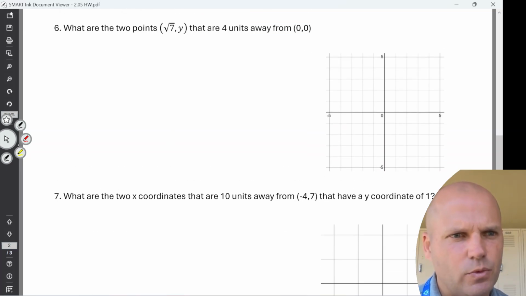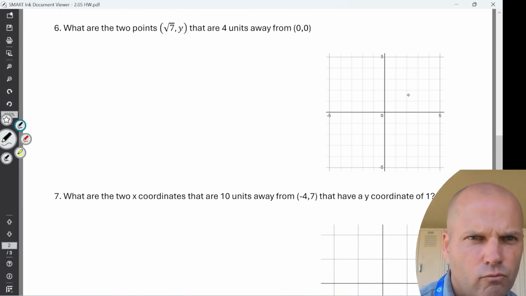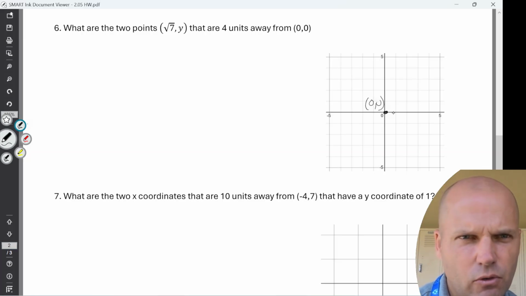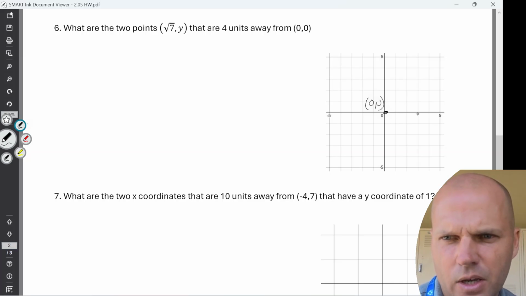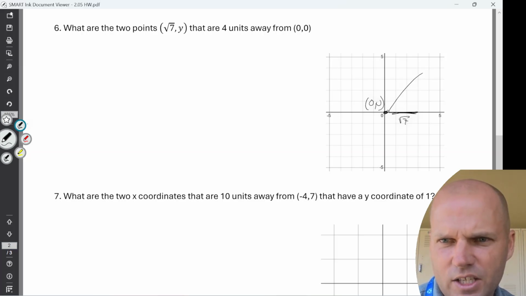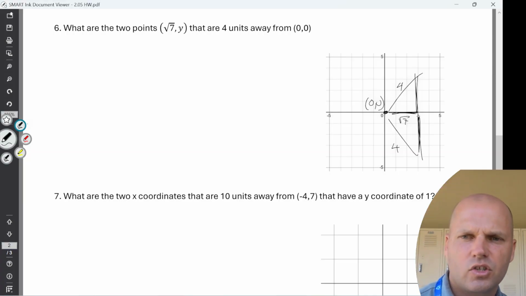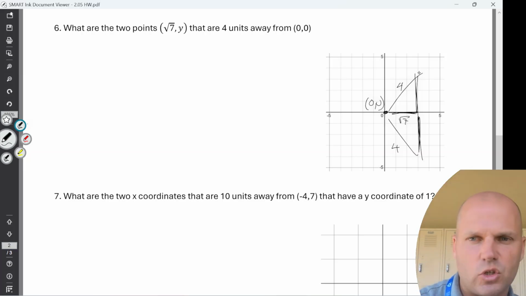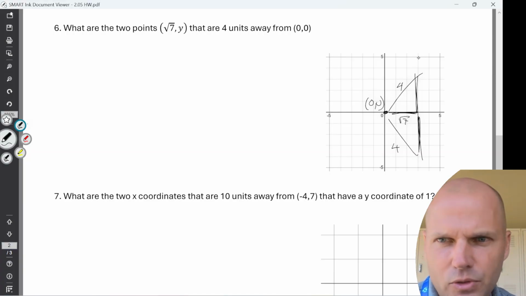Let's look at the next question. We have 2 points, root 7, y, that are 4 units away from 0, 0. So root 7 is just some length here, root 7 as an x to the right. I don't know what the y is, but I do know that the hypotenuse is 4. It looks like I could go up or down some amount.